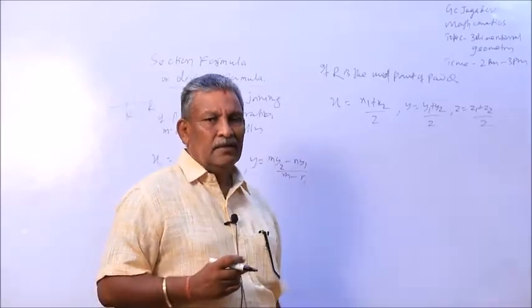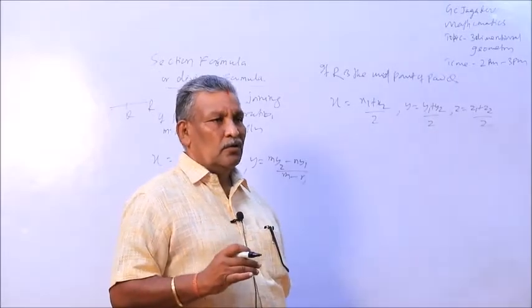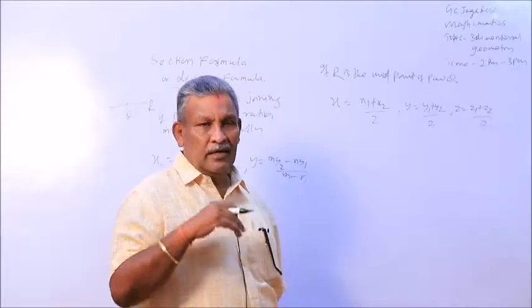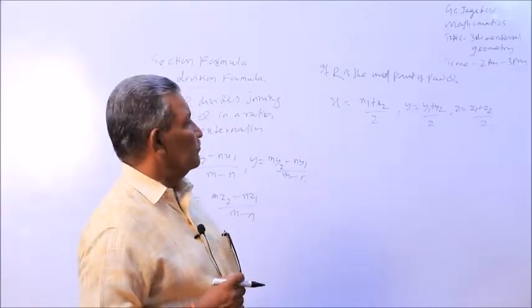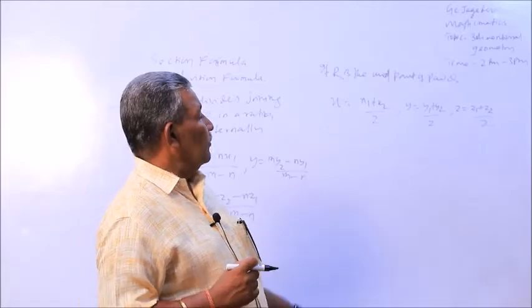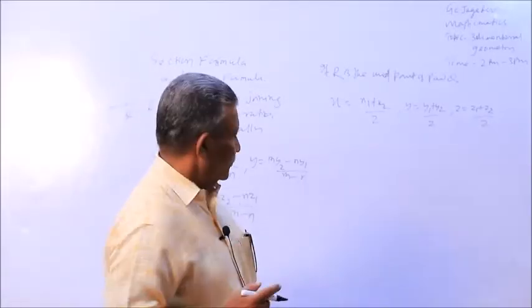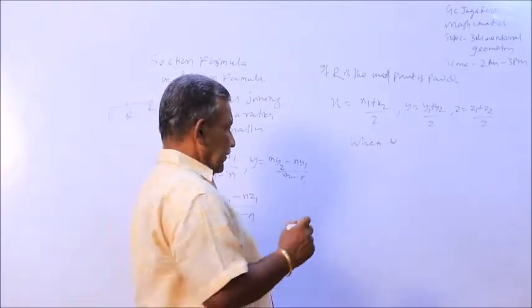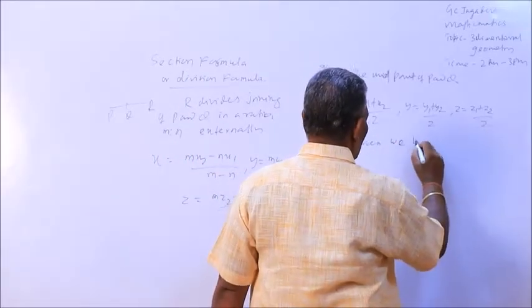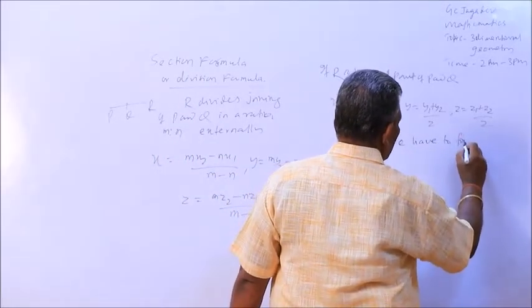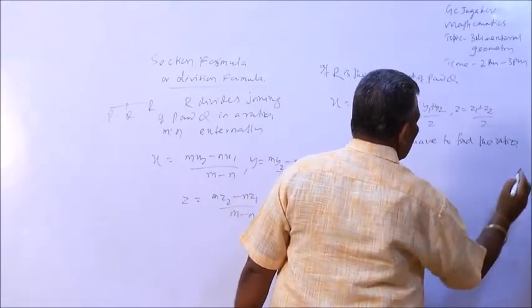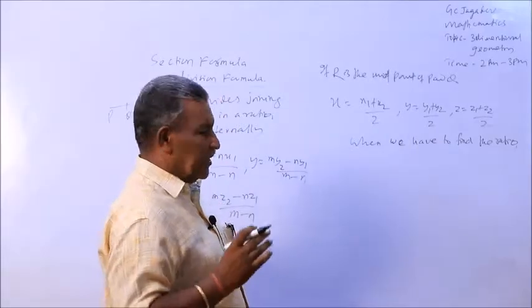Suppose in a question you have to find the ratio. In all the above cases the ratio is given to you and coordinates of 2 points are given, then we are finding the point. But when we have to find the ratio, in that case we have to take one known quantity and another unknown quantity.